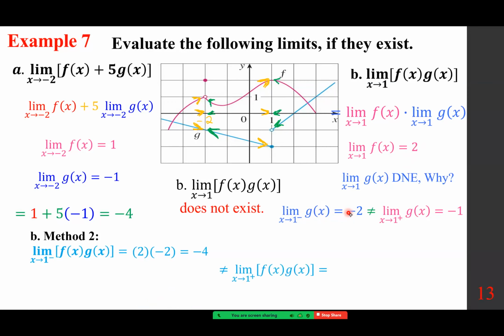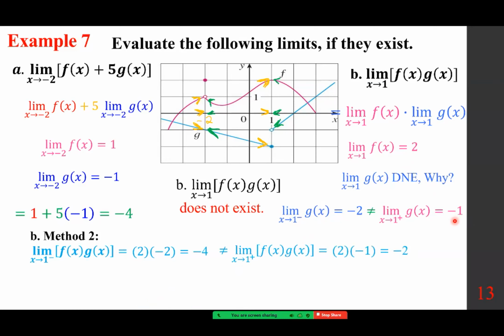Same thing now from the right. This one is still 2 because left and right are identical, but the right for this one is -1. The product of these two is -2. Again, since they are not the same, the limit of this function as x approaches 1 does not exist.